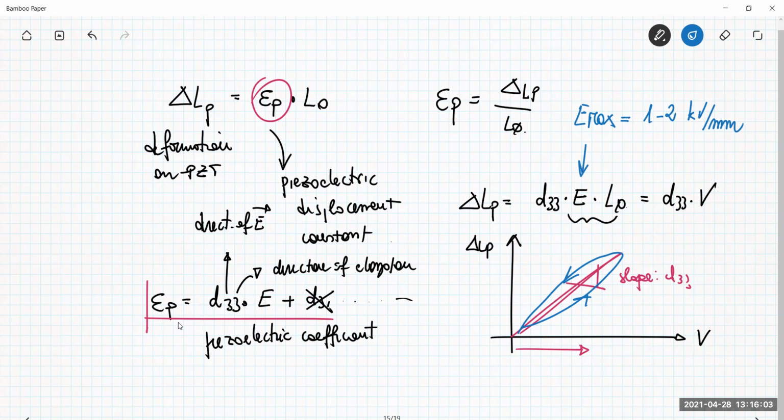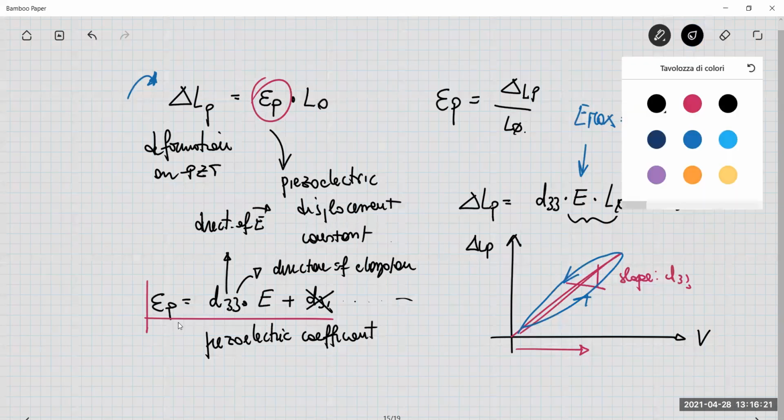And what about the elongation? Is this elongation directly applicable? Is it large enough to use this piezo material as an actuator? Typically, delta LP is not so large.